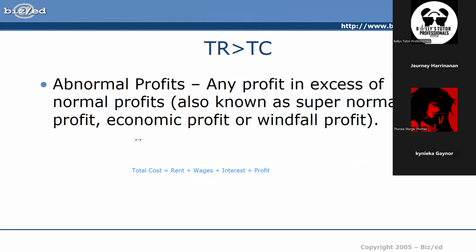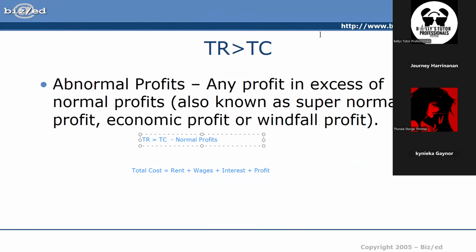So in economics, if our total revenue is equal to our total cost, then we made normal profits. Because if our total revenue is equal to total cost, that means we have enough revenue for our rent, wages, interest, and profits, the profits that we expected.